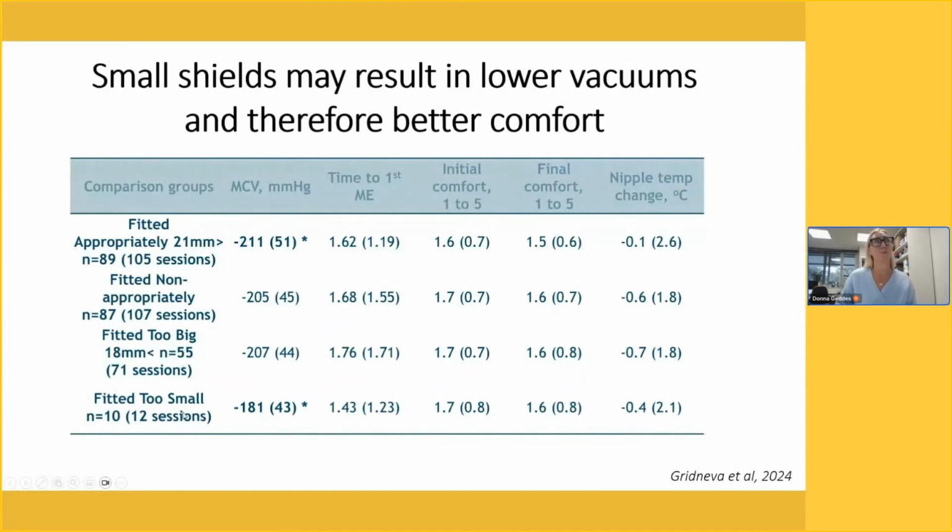And fitted too small, which is to the nipple or less. You can see none of the milk ejection measures that we look at or comfort was any different between these shields, but we did see a decrease in the strength of vacuum when the shield was fitted what we call too small at this time. So remember, if you have to reduce the vacuum to improve comfort, then it will likely impact efficacy of milk removal.